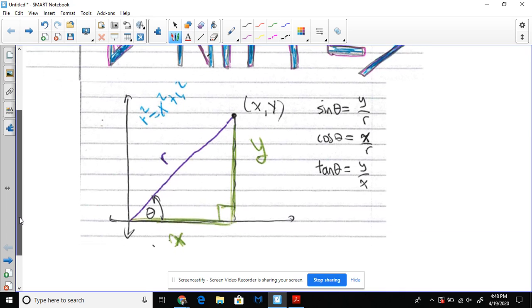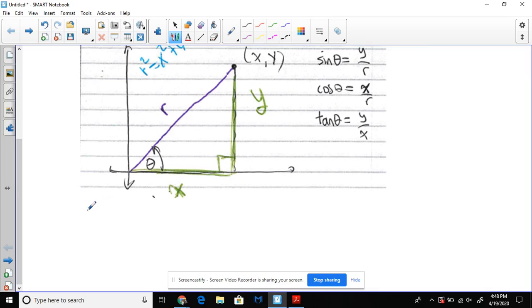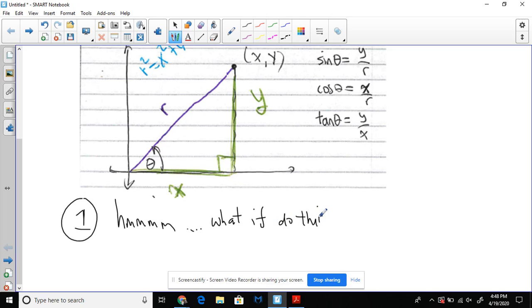So generally, what mathematicians did was look at this stuff and say, what if we do something like this: sine theta divided by cos of theta?